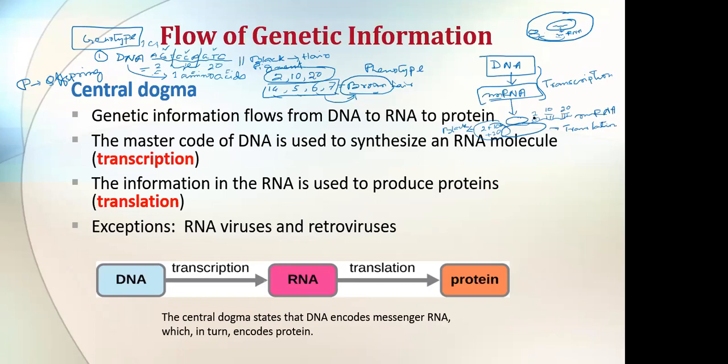So genetic information always goes from DNA to RNA to protein, so it is unidirectional. And when genetic information moves from DNA to RNA to protein by the processes of transcription and translation, these two together are called the central dogma of protein synthesis.